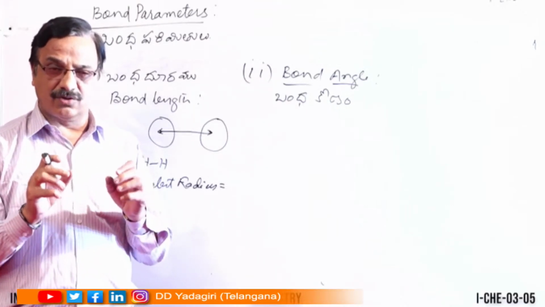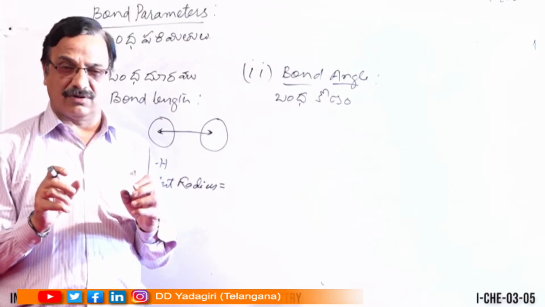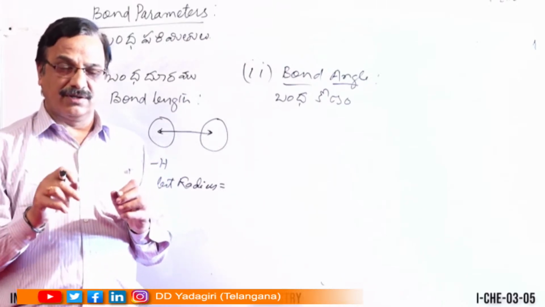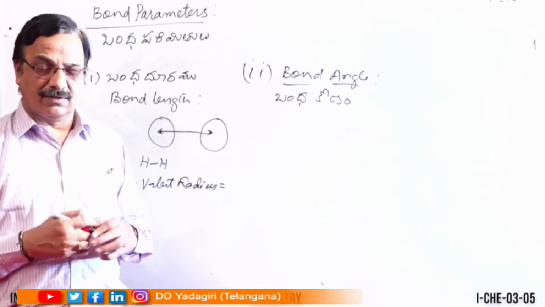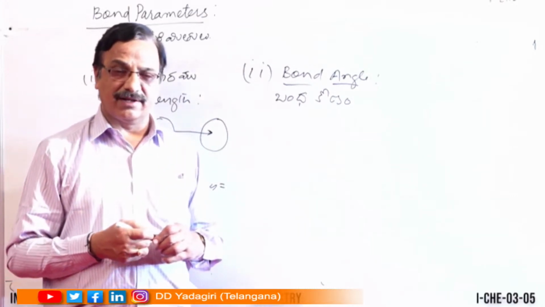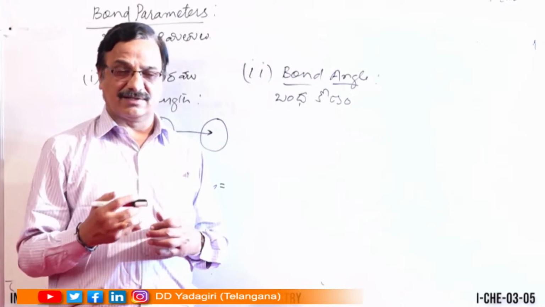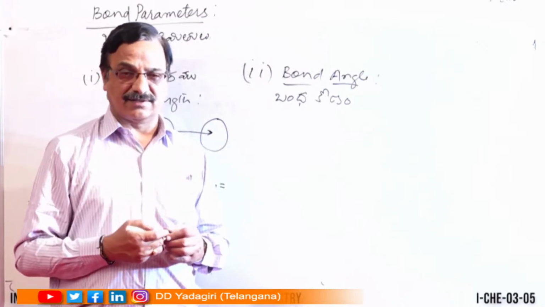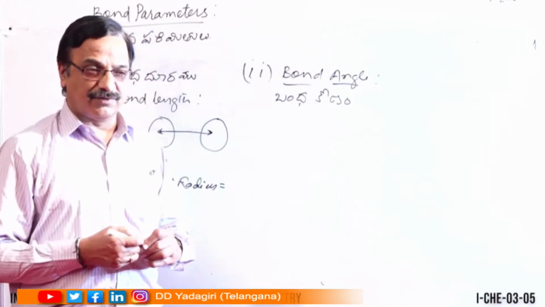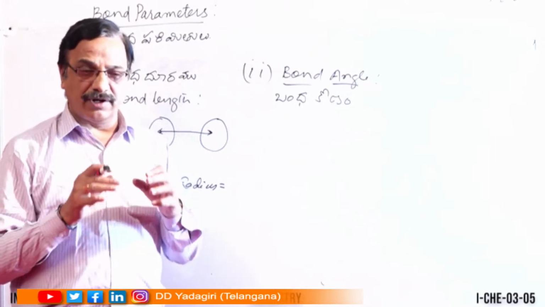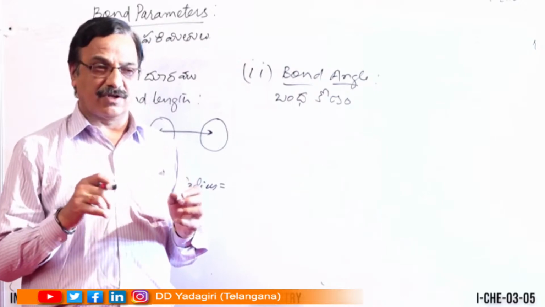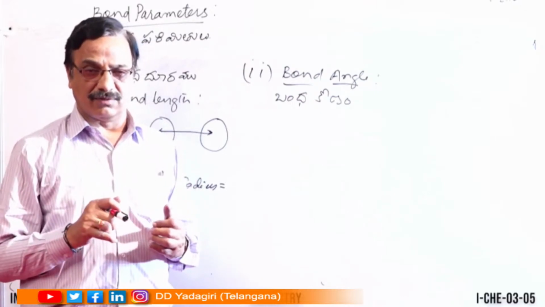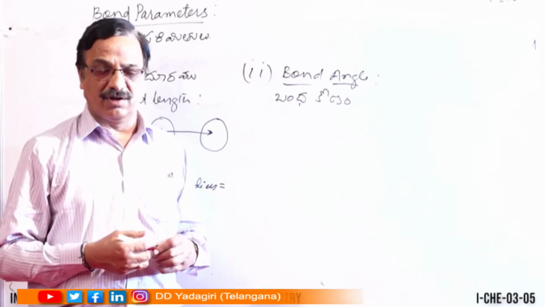Angle between the two orbitals which contain electrons that belong to the central atom in a molecule, right? Then this angle, bond angle, is measured in the degrees, right? This will give you basically the orientation of the different orbitals of the single atom around the molecule, and also give the shapes of the molecule.